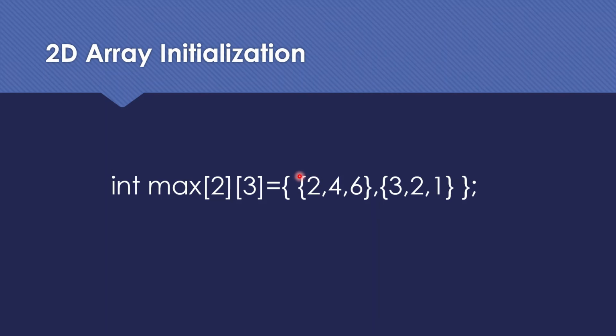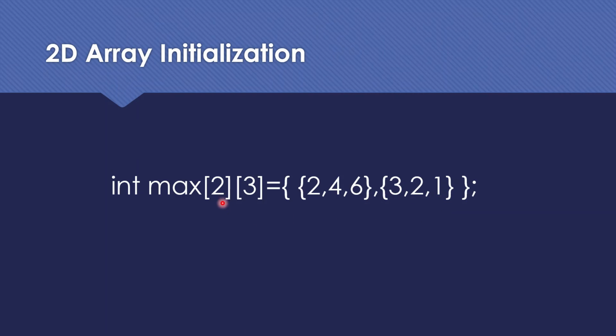Within the outer braces there are two inner braces in this instance. The first inner brace holds the first row elements, separated by commas. Then there's another brace with the second row elements.